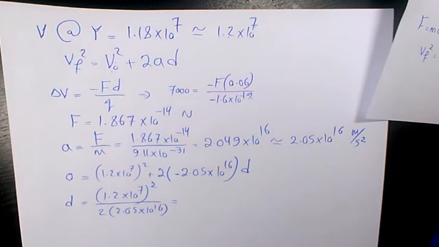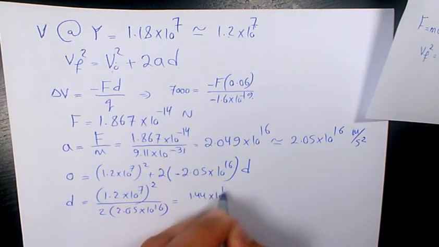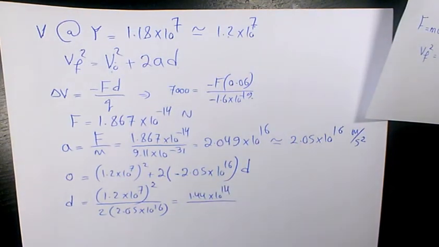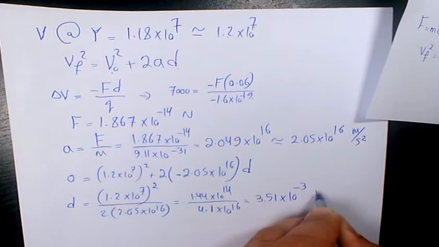That will be 1.44 times 10 to the power of 14 divided by 4.1 times 10 to the power of 16, which is 3.51 times 10 to the power of negative 3 meters.